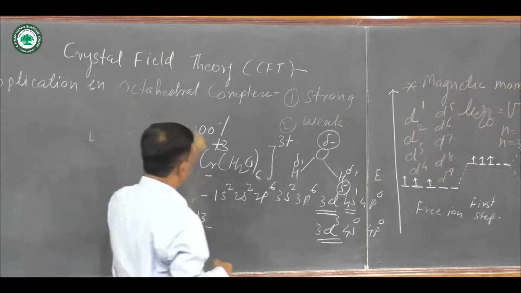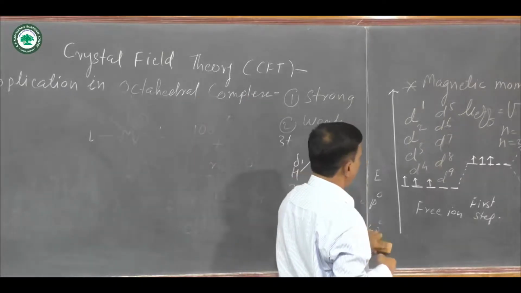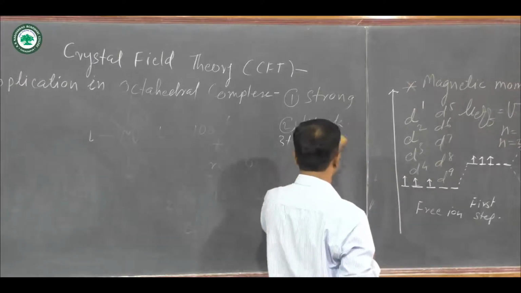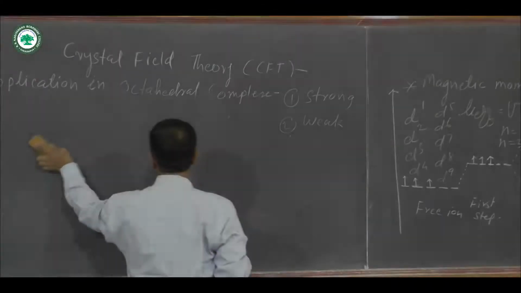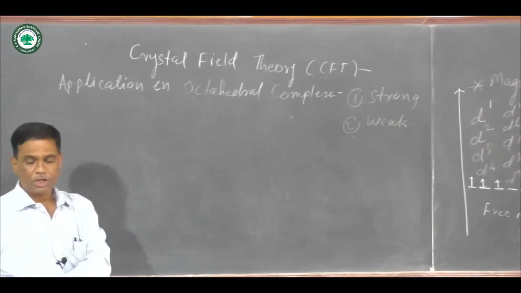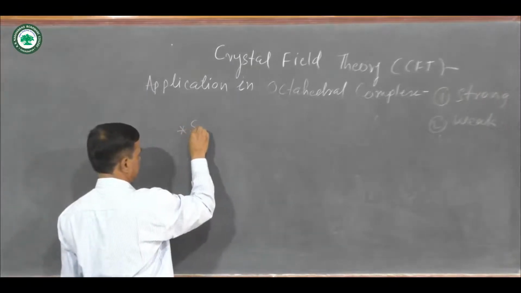In strong field complexes, the 10 Dq is more, and in weak field complexes the 10 Dq value is less. And strong field and weak field in octahedral complexes depend upon the spectrochemical series.